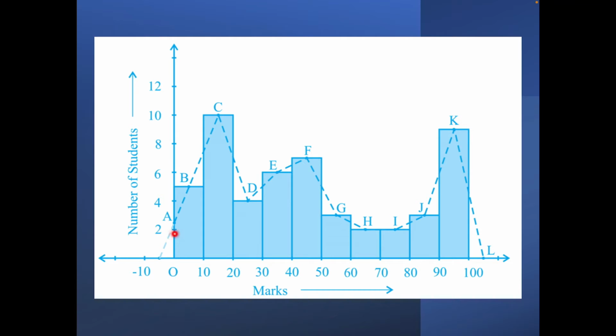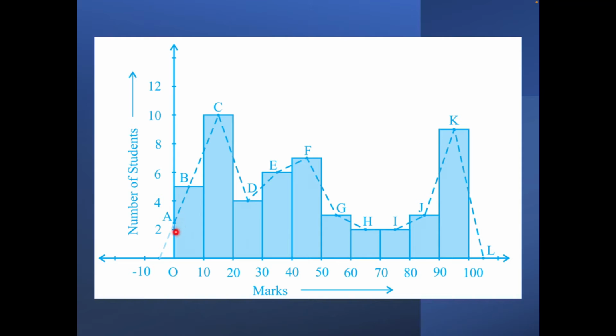Now in the NCERT book they say that where the line segment from B to the point minus 5 intersects the y-axis, there you have to mark A, and that way your frequency polygon will be O, A, B, C, D, E, F, G, H, I, J, K, L. Whereas we think that if we locate A here, then in that case the areas of the histogram and the frequency polygon will be the same, because we will include this triangle which we are not otherwise considering.